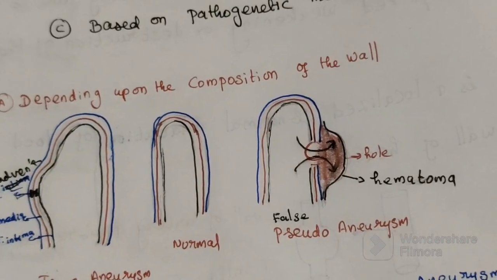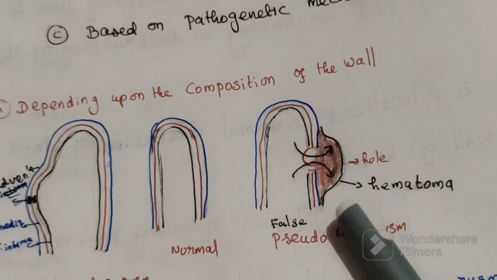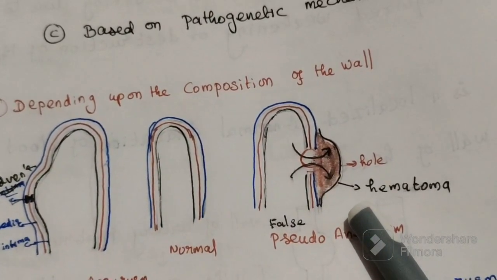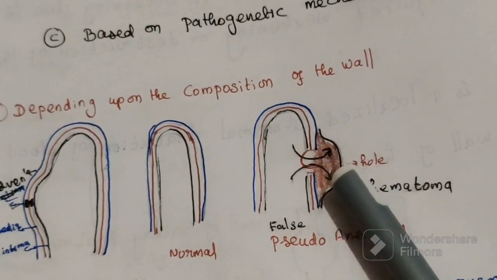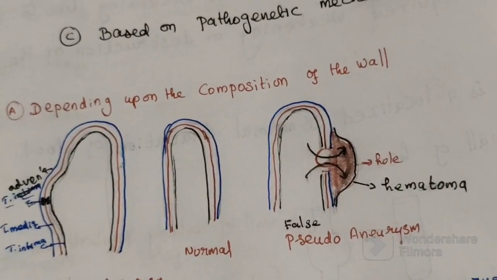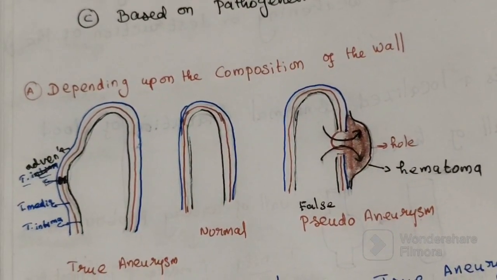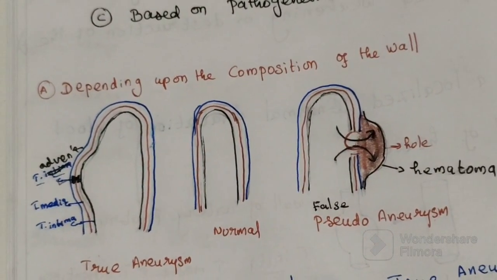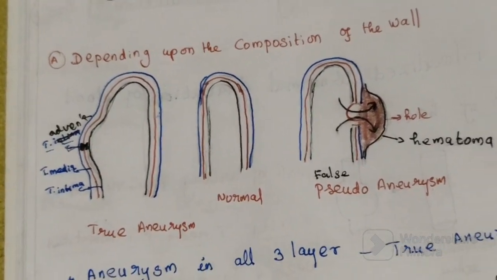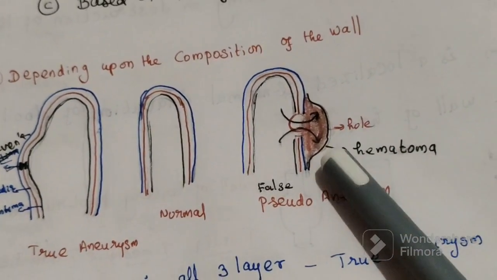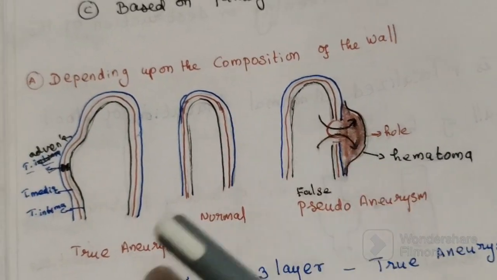It is a hematoma. Here the wall is made up of connective tissue, so blood is present inside it. This is a hematoma. It is known as a false or pseudo aneurysm.